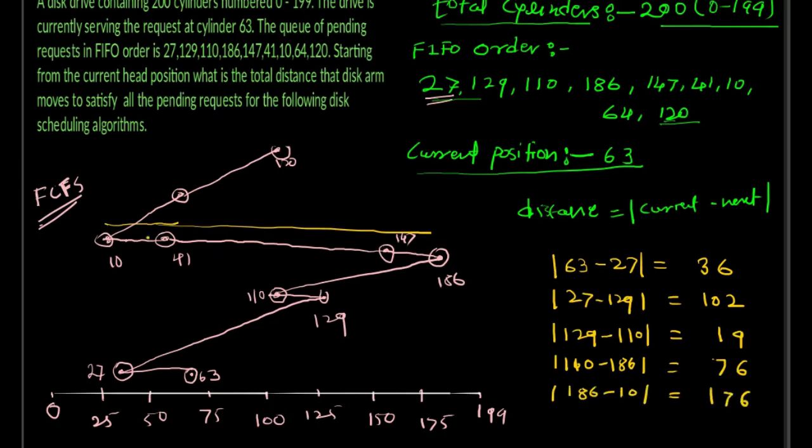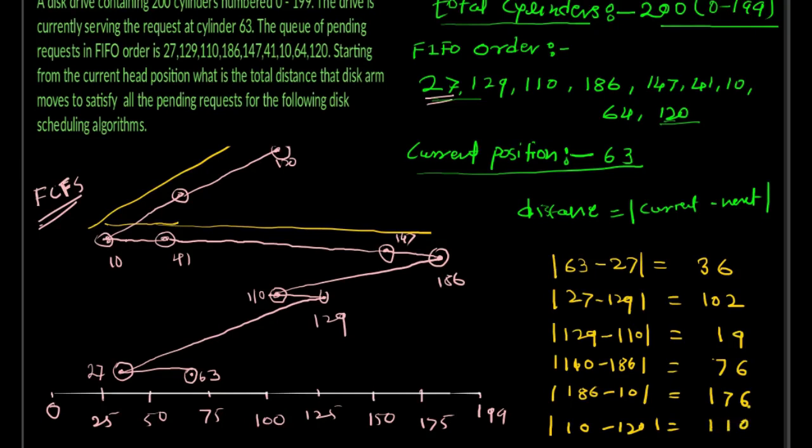Next we can directly calculate this distance: the last request is 120 and the current request is 10. So 120 minus 10 is 110.